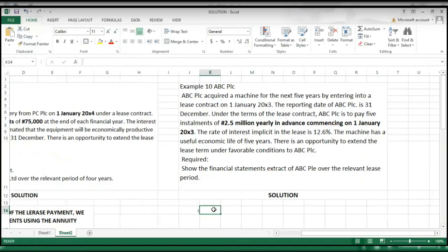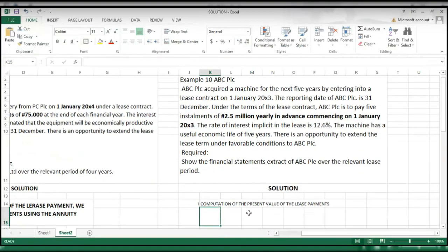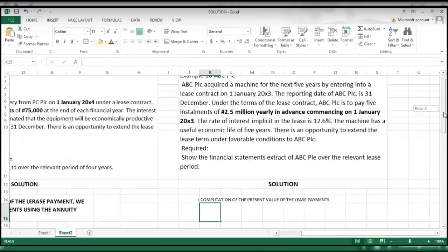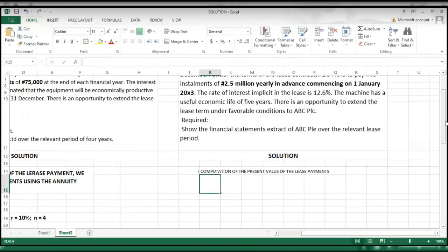So I'll say computation of the present value of the lease payment. That's the first task that we must do. And we have an idea on how to do that already because we treated it in the last example.